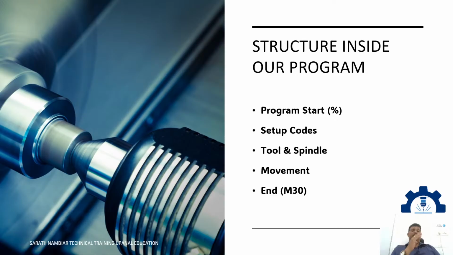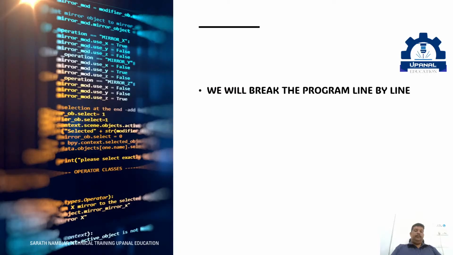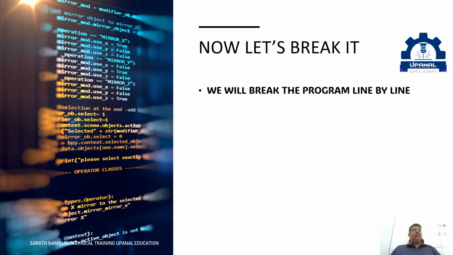So even though it looks like multiple lines, this is the key to understanding CNC programs. Now here comes the most interesting part. We are going to take this same program and break it step by step. We will not rush, we will go slowly and understand what each line is doing.